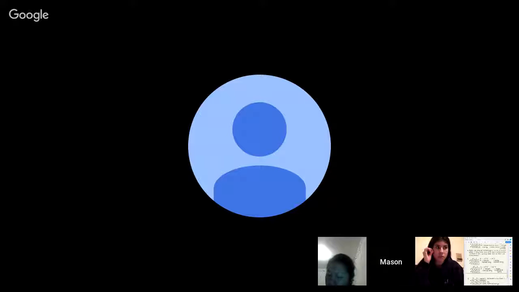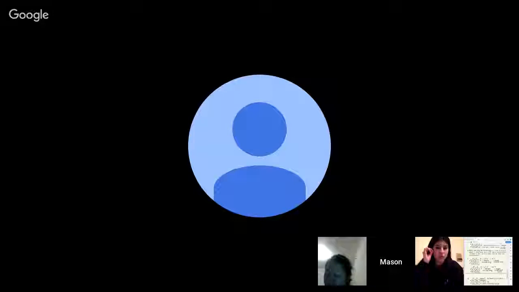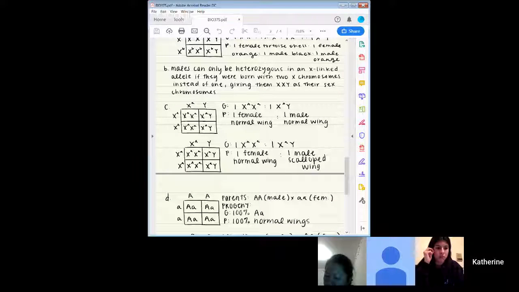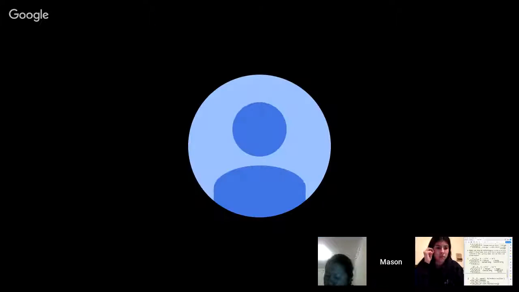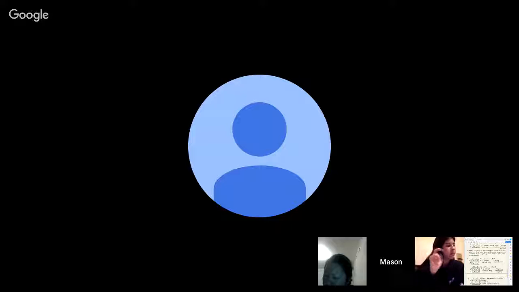And so when it's growing initially, some of one color is turned off and some of another color is turned off. So since it has two X's, it can be calico or whatever, and then it still has the Y, so it's male. Yeah. Okay. Yep, that sounds great.